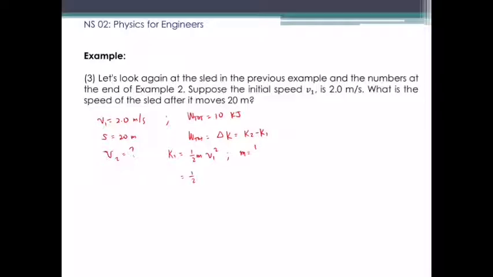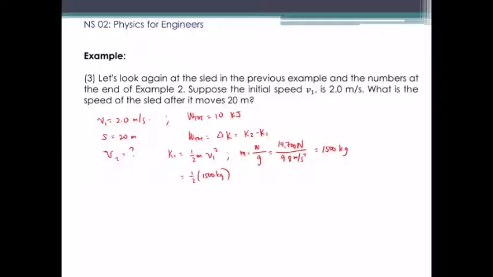So mass is the total weight over the gravitational acceleration. That is 14,700 newtons, given in the previous problem, divided by 9.8 meters per second squared. You have the mass is 1,500 kilograms.